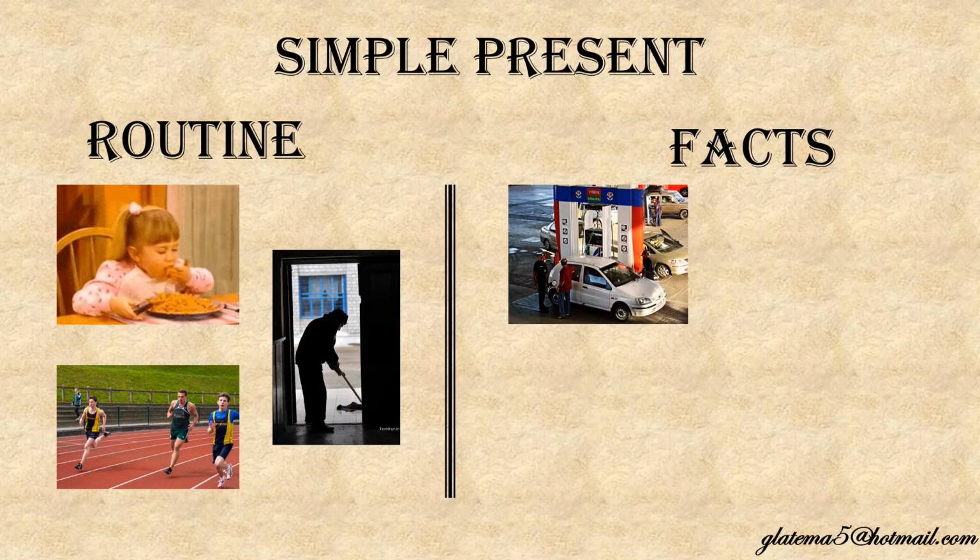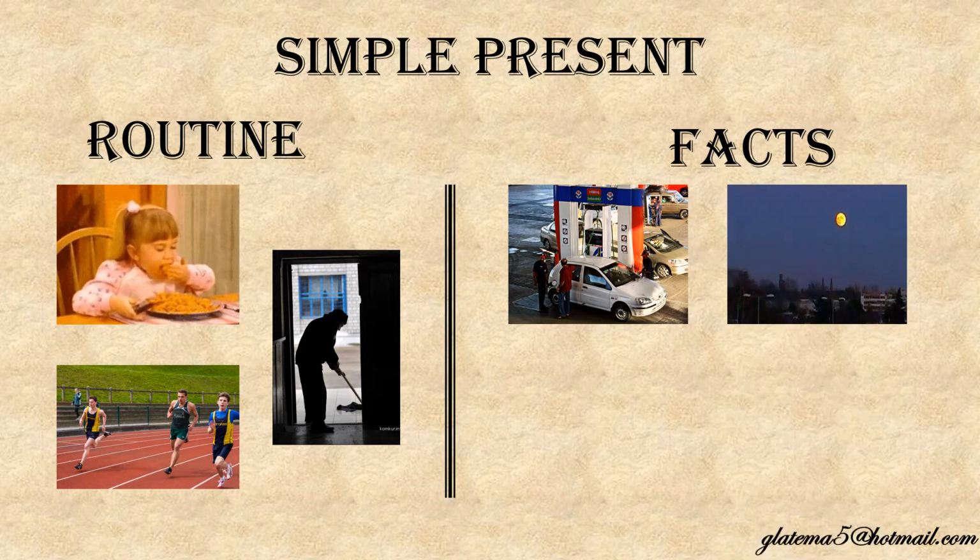Now, talking about facts, here we have a picture of a car, and we can see, according to the picture, that it expresses that cars use gasoline or petrol. That is true. In the second picture, we see the moon.